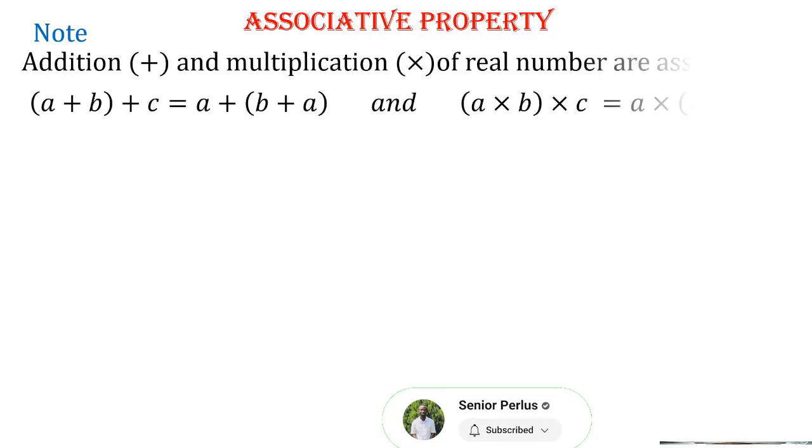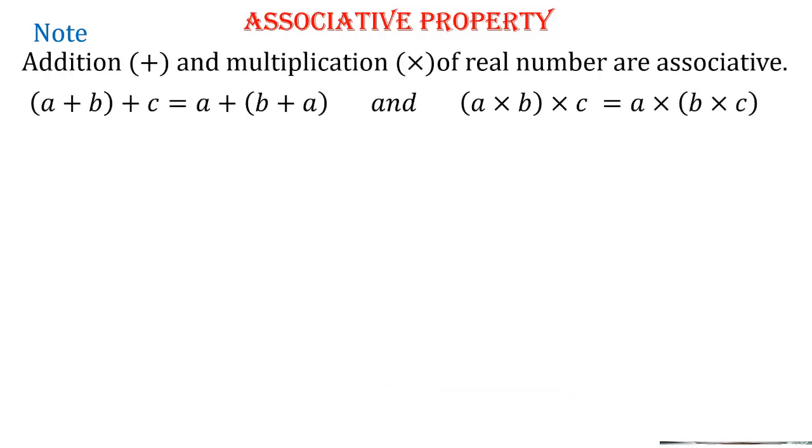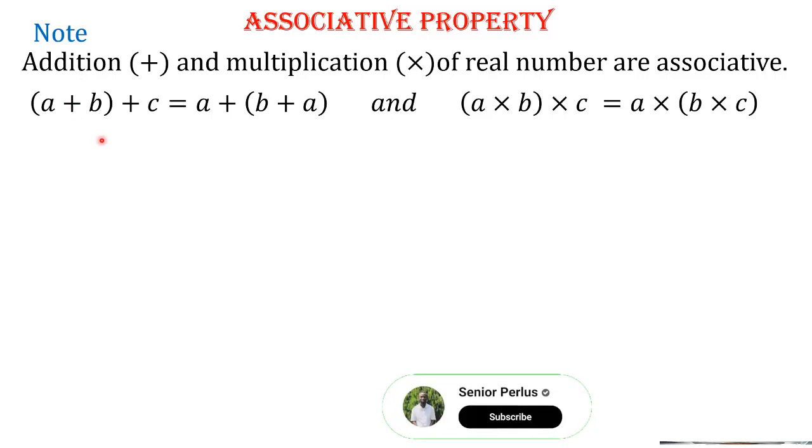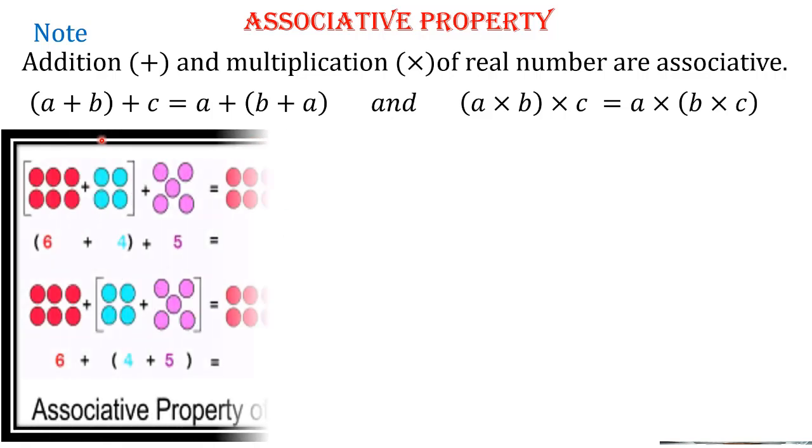Addition and multiplication of real numbers are associative. So let's start with addition. The reason why we say (a + b) + c is the same as a + (b + c).